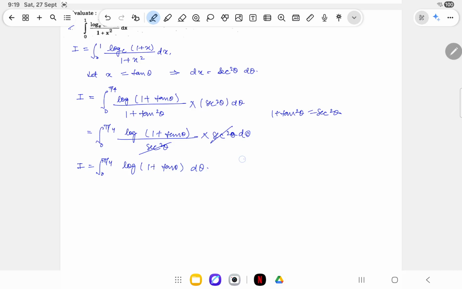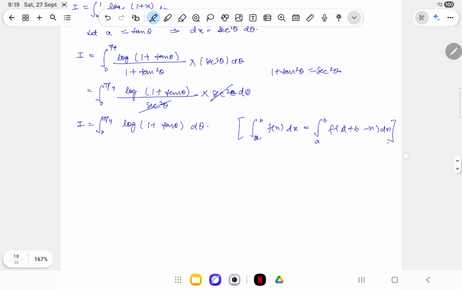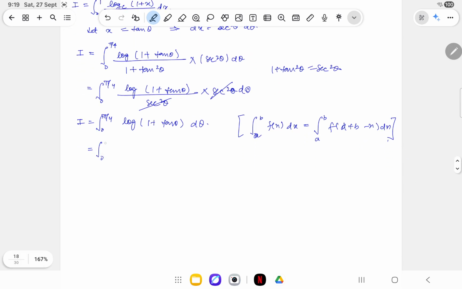Now herein let's use the result again, that integration from a to b f(x) dx is equal to integration from a to b f of a plus b minus x dx. So if we use it, we'll get integration from 0 to pi by 4 of log (1 plus tan of (pi by 4 plus 0 minus theta)), that is pi by 4 minus theta, d theta.